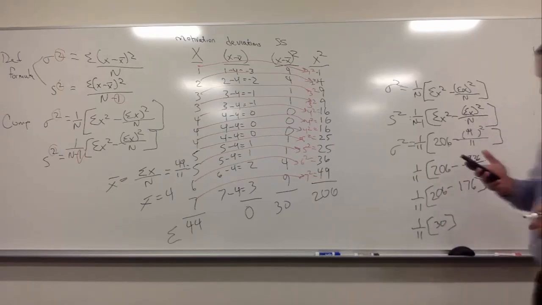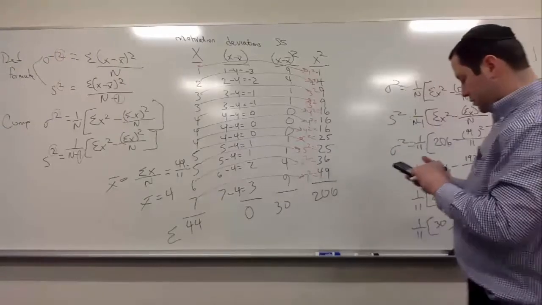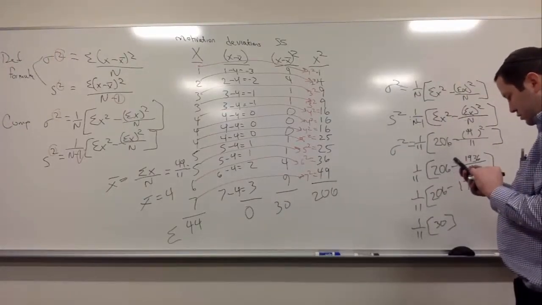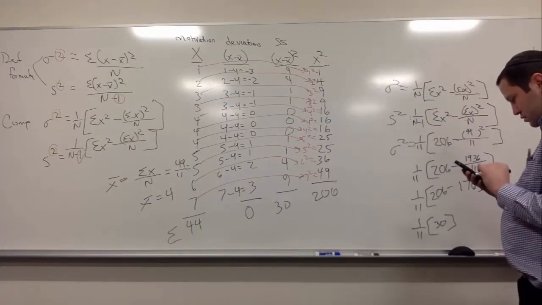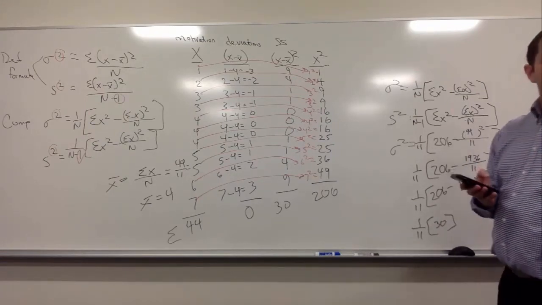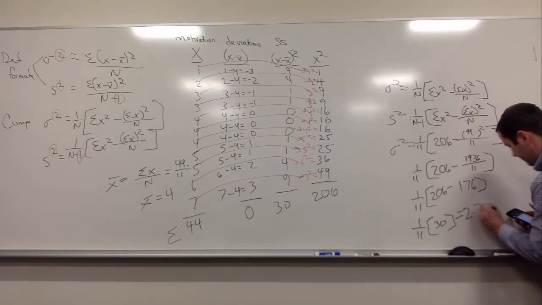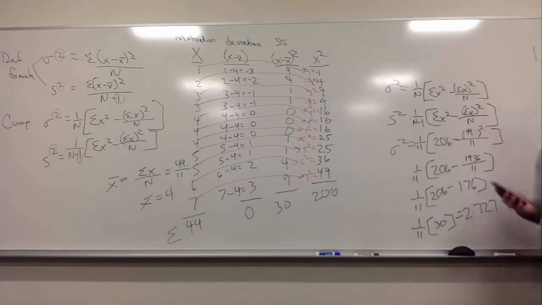Now, what's 1/11 times 30? What do you get? When you do this, you get 2.727.